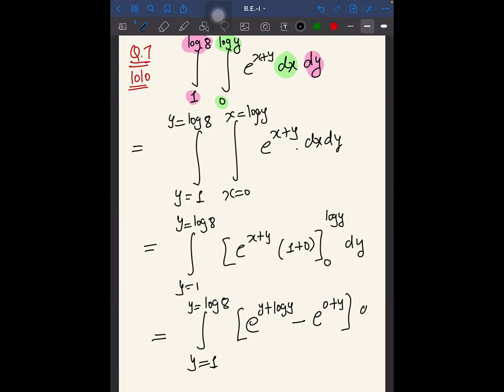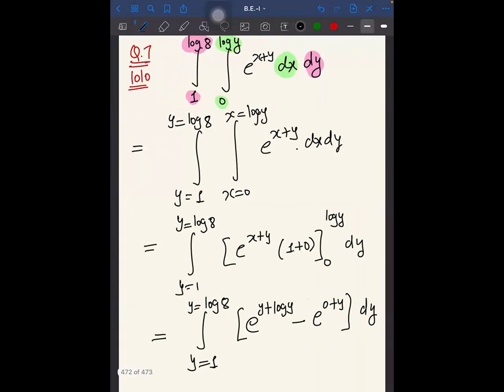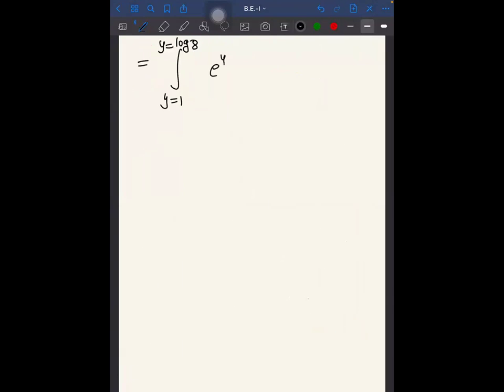We can also write it as y runs from 1 to log 8, and this becomes e^y into e^log y minus e raised to power y dy. Are you with me?